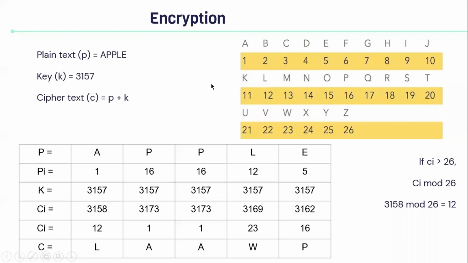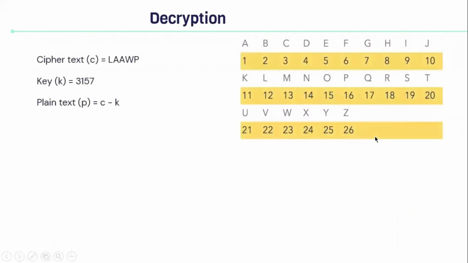Then, as for decryption, there are also some exceptional cases. So let's understand it. We're going to use the same example, apple. The ciphertext for apple is LAAWP for the key 3157.